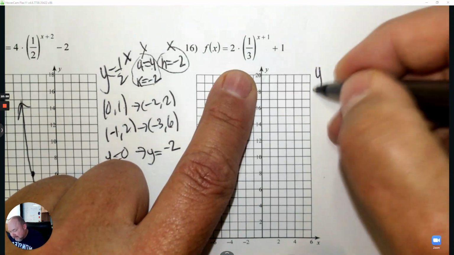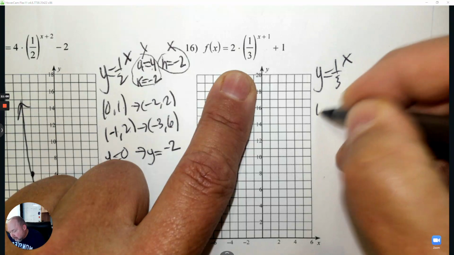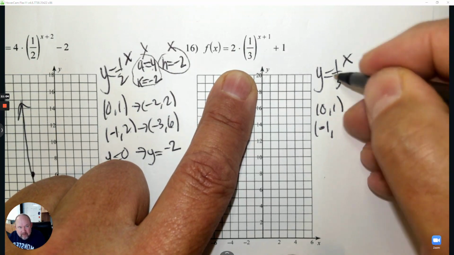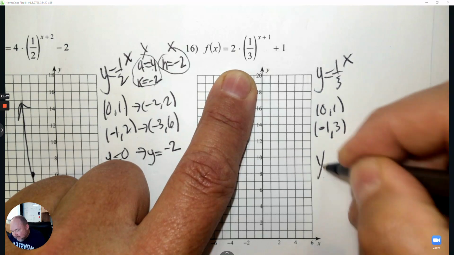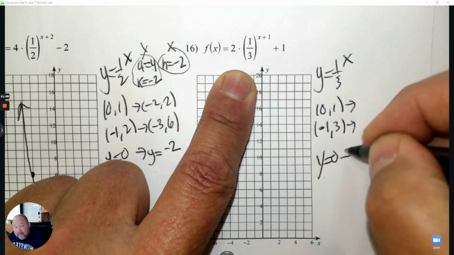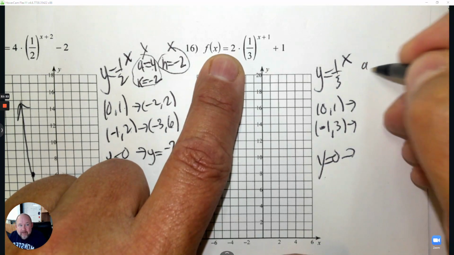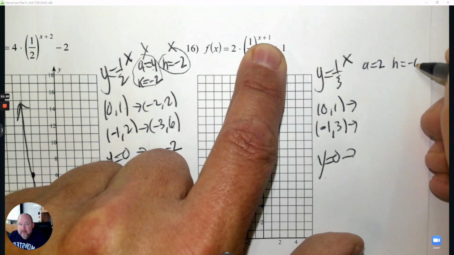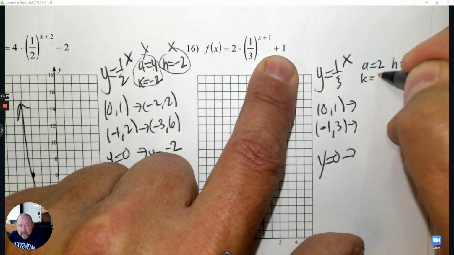Recognize the basic exponential. What are 2 points on that? 0, 1. And it's a fraction, so it's negative 1, and then you do the reciprocal. And then y equals 0 is the asymptote. I'm going to change these. A is equal to 2, h is negative 1, and then k is positive 1.